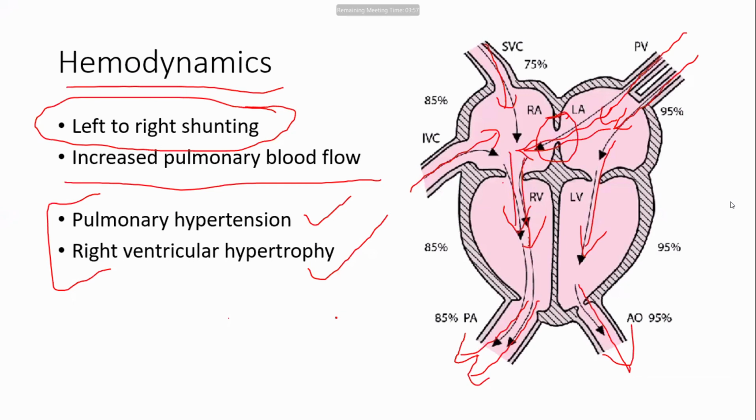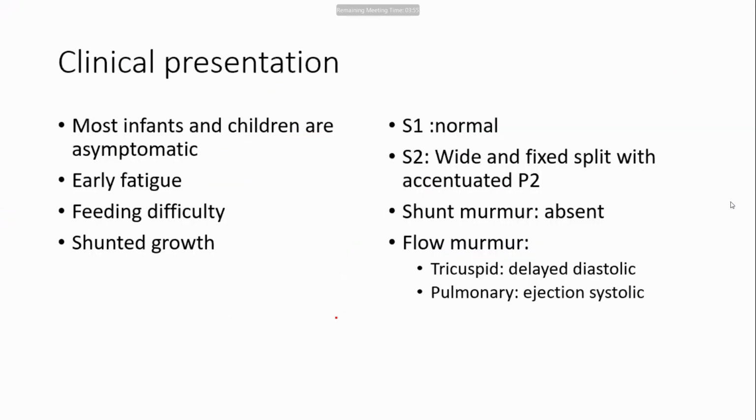So how will the baby present then? In most ASD conditions, most of the babies will be asymptomatic, especially with a small ASD. ASD is sometimes diagnosed coincidentally, and sometimes after it becomes a little larger. They usually present with early fatigue. Why? Because there will be increased blood flow to the lungs and there is pulmonary edema.